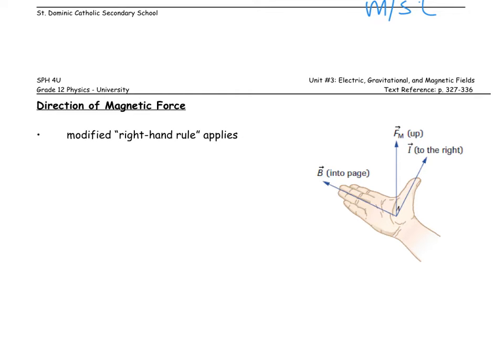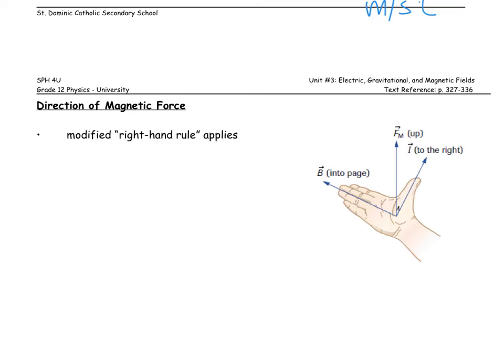This part of the lesson is a little bit tough to do without us being face-to-face, but that's okay. We'll just do the best that we can. If you take your right hand, make sure it's your right hand, and you place it in front of you, we're going to use what's called the right-hand rule to help us determine the direction of the magnetic force.